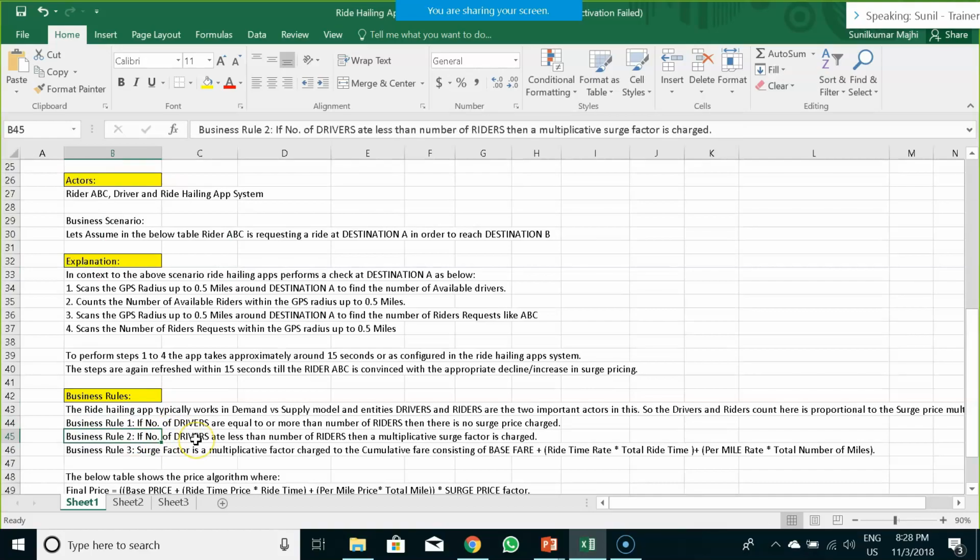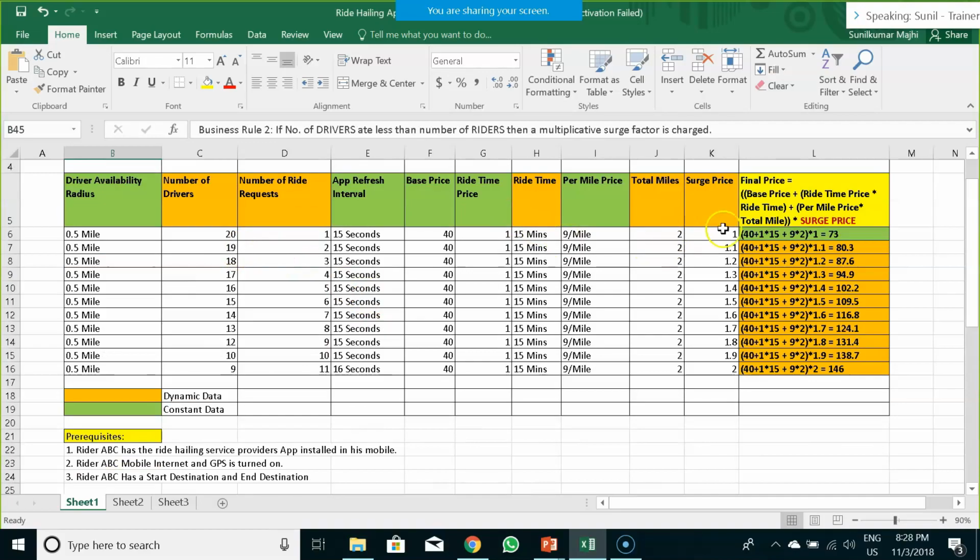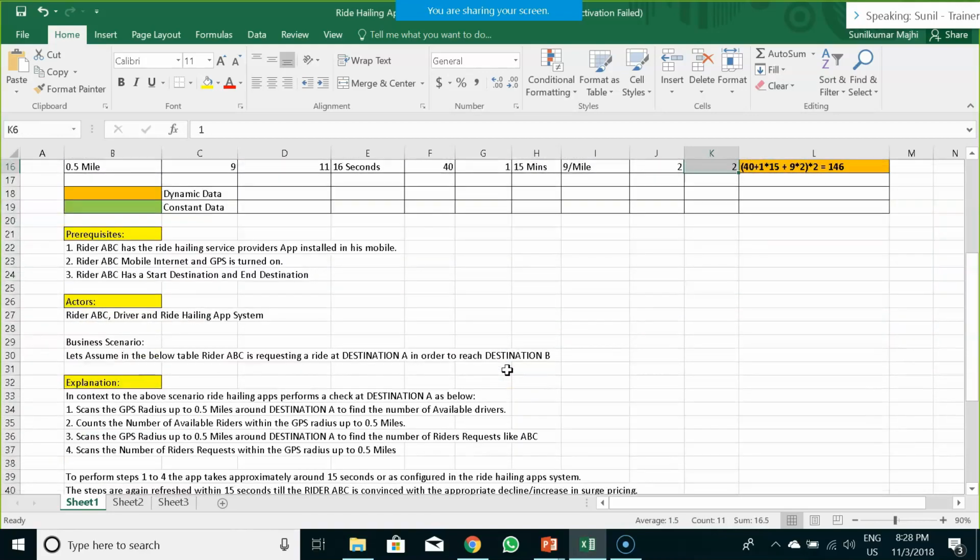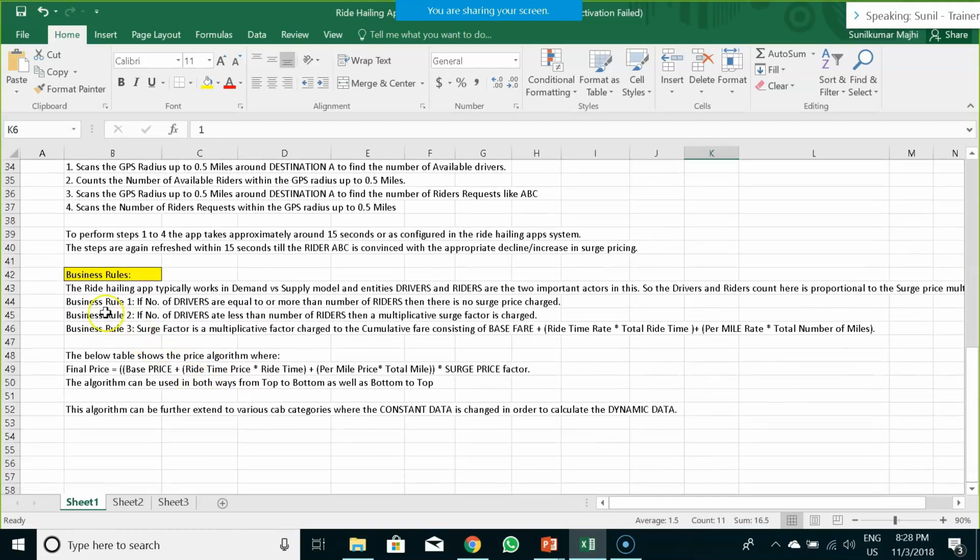Business rule 2 would be, if the number of drivers is less than the number of riders, then a multiplicative surge factor is applied, like it is happening in this case. As the number of drivers is decreasing and the number of riders is increasing, there is a multiplicative surge price that is being taken into consideration. That is business rule 2.